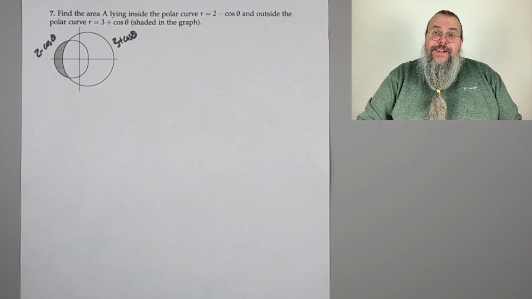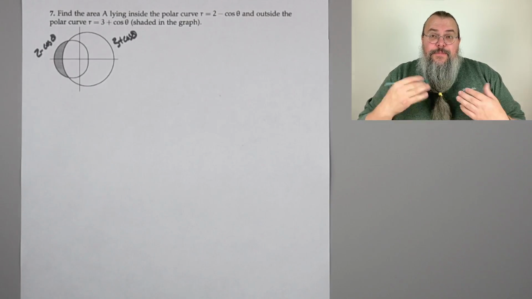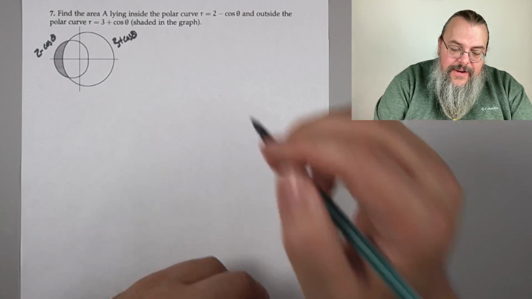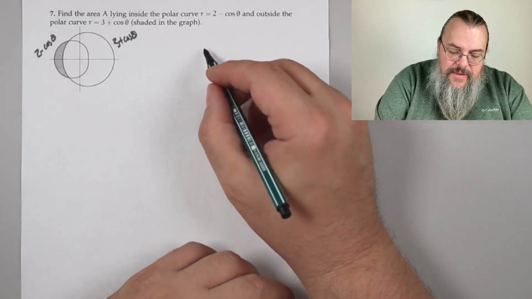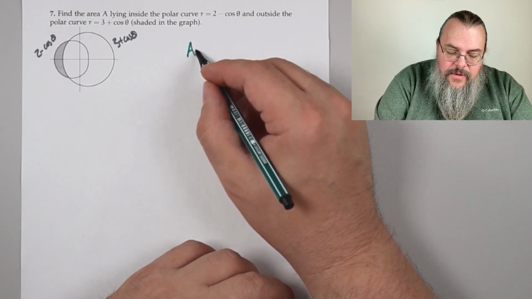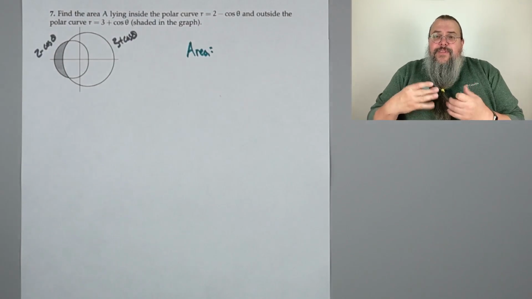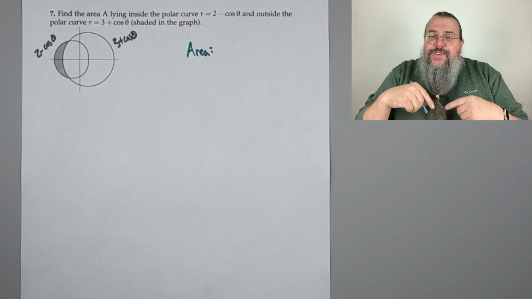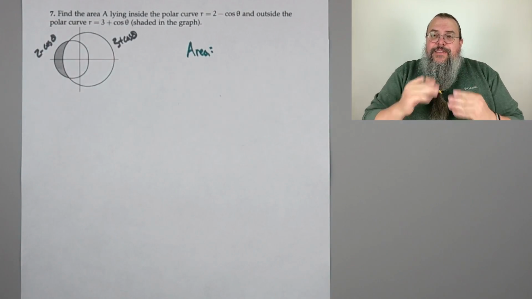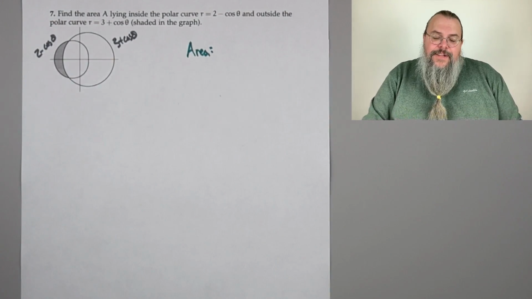All right, now, what do you do for a polar problem? When it's an area, we need to remember our basic setup. The way area works, it's kind of interesting. What you do is you basically add up wedges, almost like slices of pie, and you put them together.